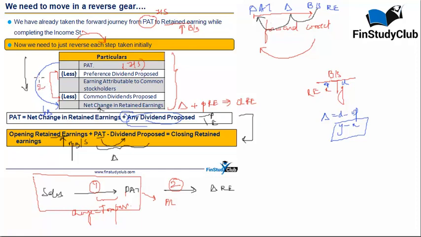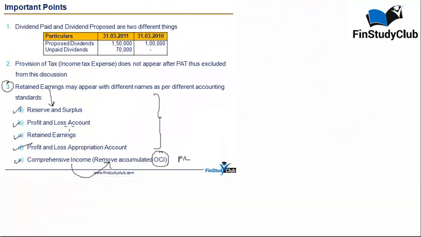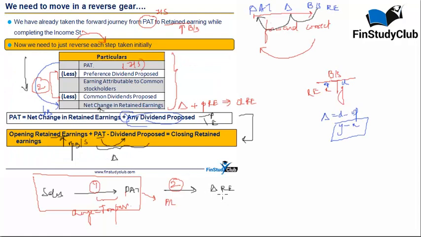Stage 2 is after calculation of PAT. Therefore, my summary point is that the provision of tax does not appear after PAT. Therefore, I have excluded it from the discussion up front, because obviously I am moving from here to here.